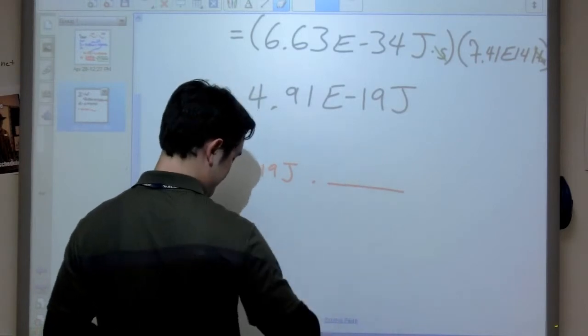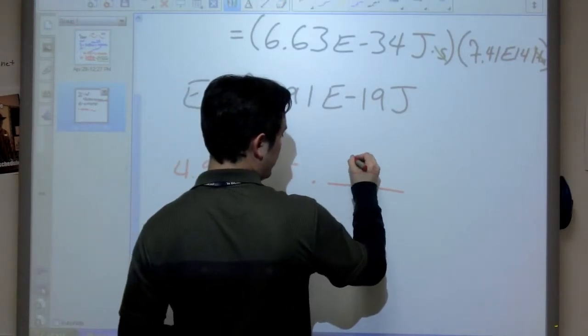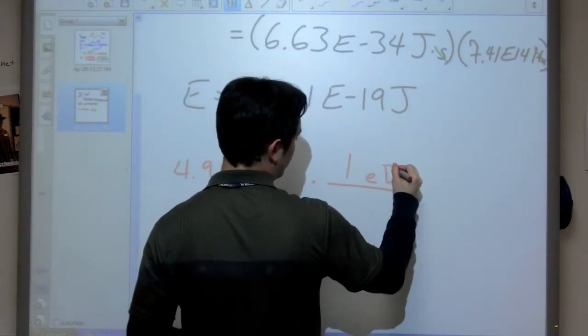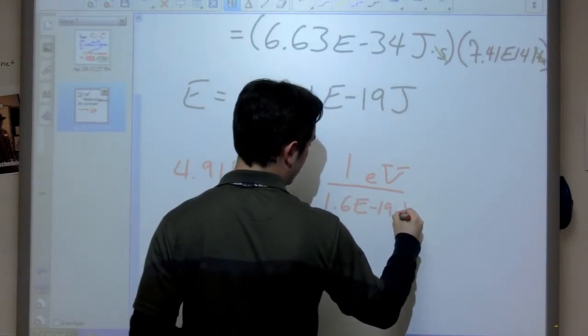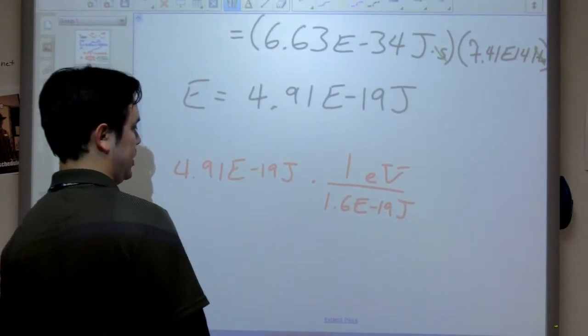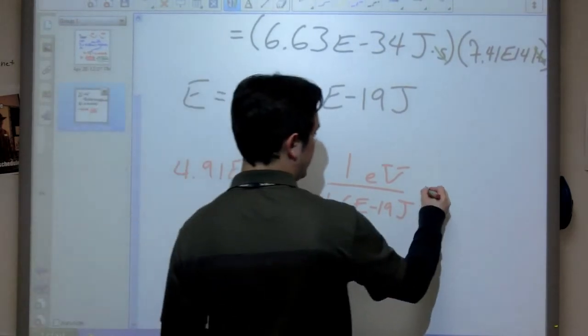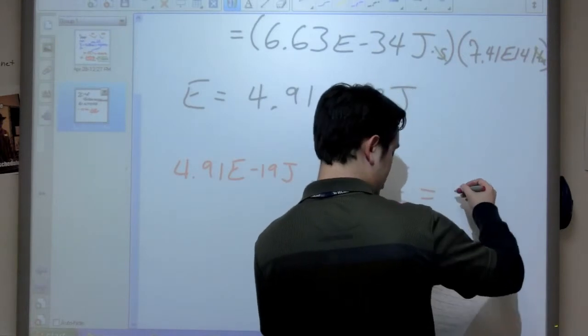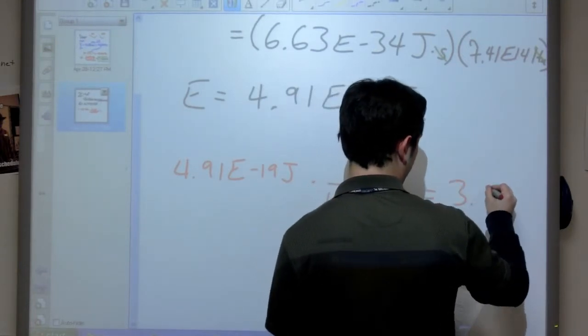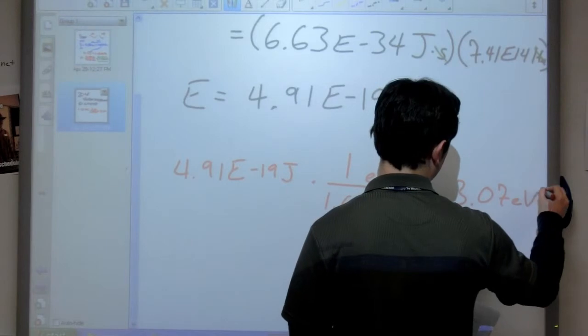Sorry. That's why it's always nice to draw them out. 1 electron volt is equal to 1.6 times 10 to the negative 19th joules. I multiply these out, and I'll find that in electron volts it comes out to 3.07 electron volts.